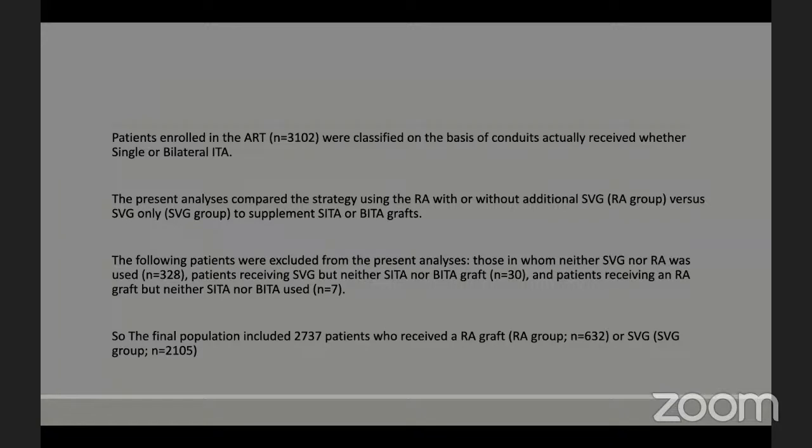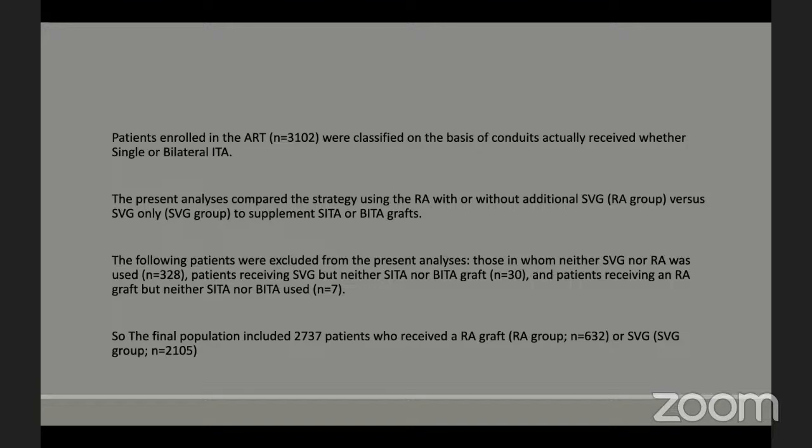The following patients were excluded from the present analysis. Neither saphenous vein graft nor radial artery was used, number of 328 patients. Patients receiving saphenous vein graft, but neither a single internal thoracic artery nor bilateral internal thoracic artery graft, number of 30, and patients receiving radial artery graft, but neither a single nor bilateral internal thoracic artery used, number of 7.